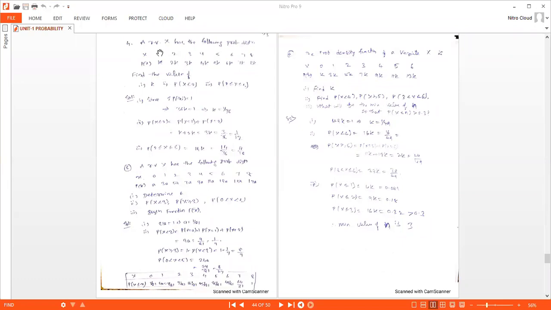That is 11k plus 13k. So 24k. And next one, probability of 3 less than X less than or equal to 6. So that is equal to probability of X equal to 4 plus X equal to 5 plus X equal to 6. 3 values we need to consider.